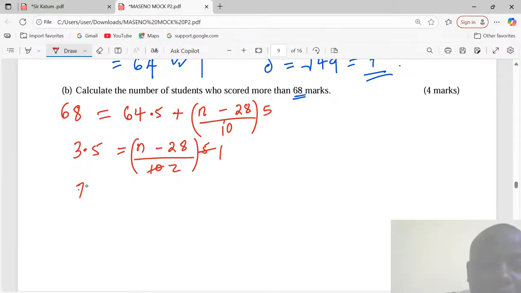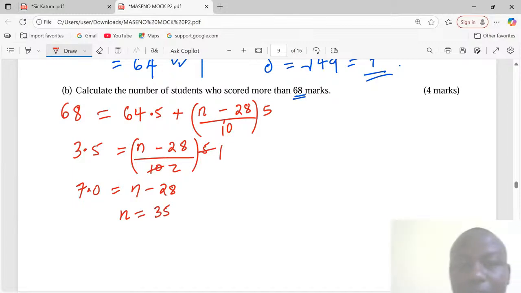This shall become 7.0, and this is n minus 28. So the value of n is 28 plus 7, which is 35. So the students who have scored between 0 and 68 marks are 35.